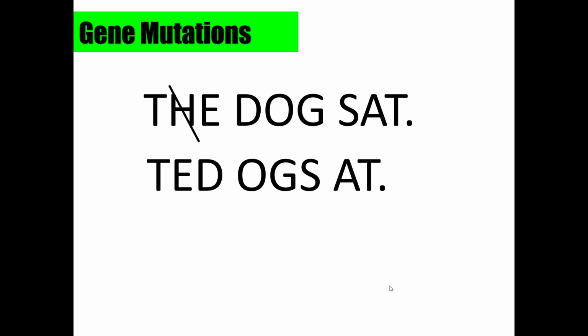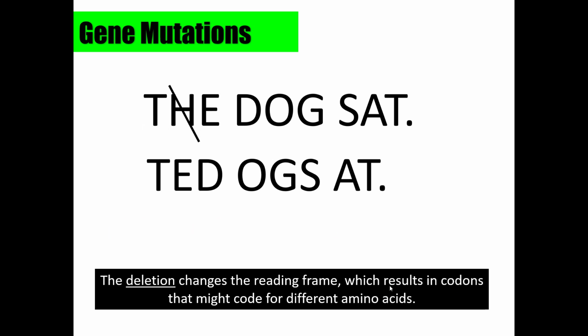And the same thing happens in an insertion or a deletion mutation. It causes everything to just kind of shift over, and it becomes sometimes difficult for the tRNA to read the correct amino acid. And so the deletion changes the reading frame, and this could result in codons that might code for different amino acids.